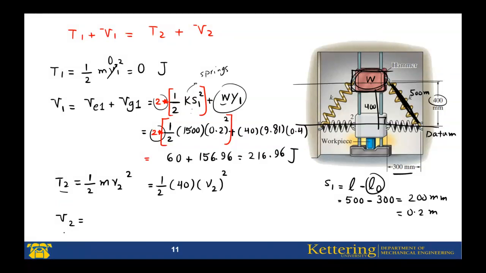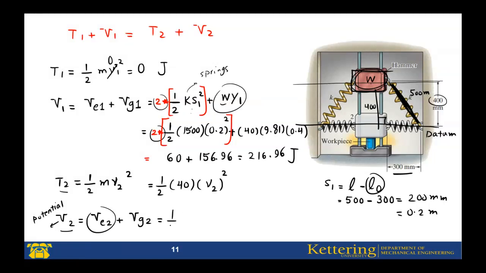Then, the potential energy at state 2, this is potential energy, do not confuse this with the velocity. I use the italic small one for the velocity. Now, if I write this, it's the potential energy because of the elastic spring at state 2 plus the potential energy because of gravity at state 2.